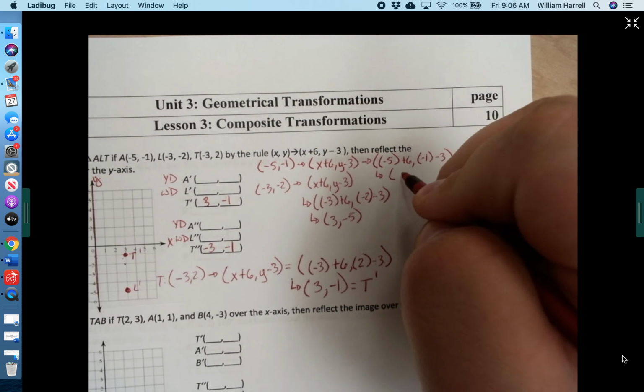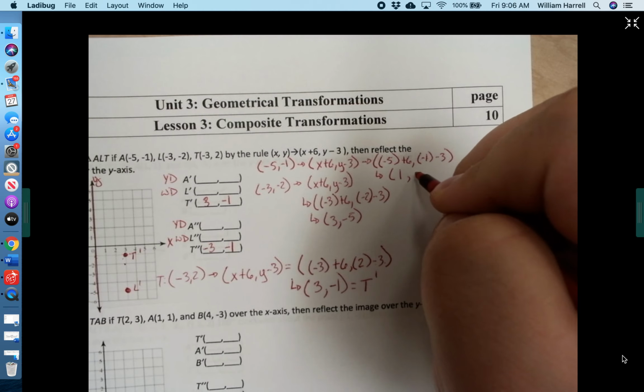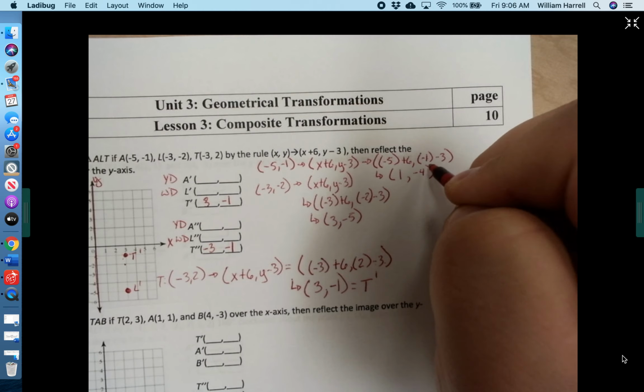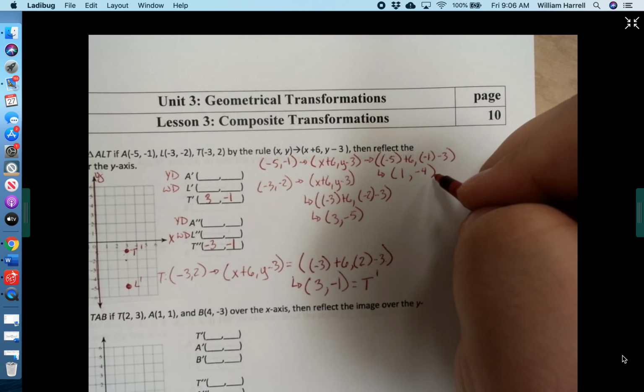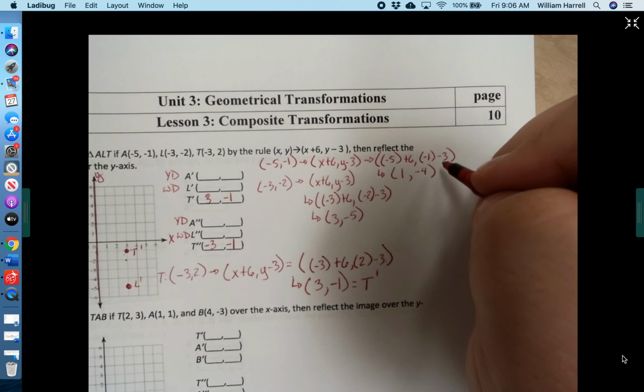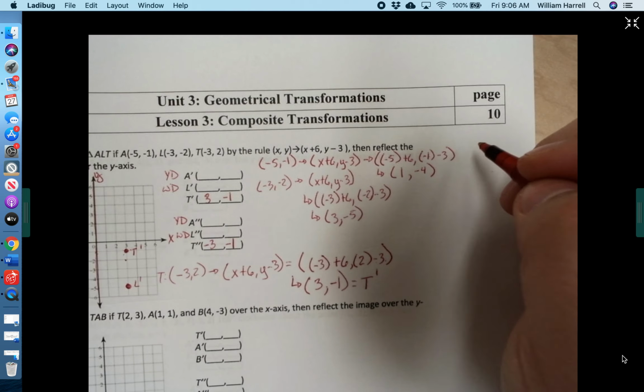So -5 plus 6 is +1. -1 minus 3 is -4. A bunch of y'all probably messed up here, if I'm guessing, and got 2 or -2. If you did, you messed up on signs.